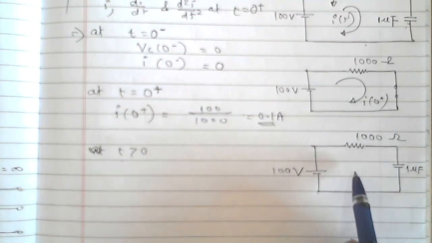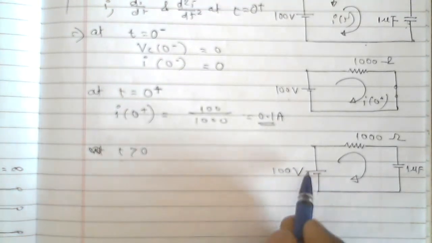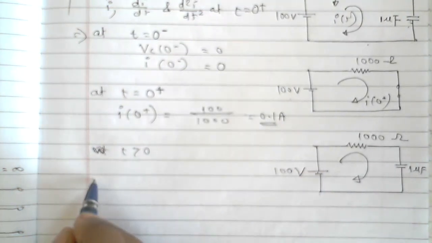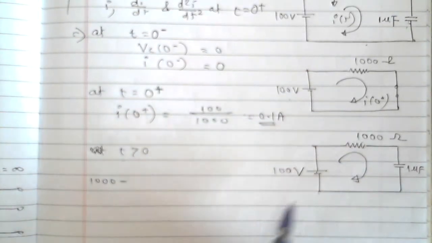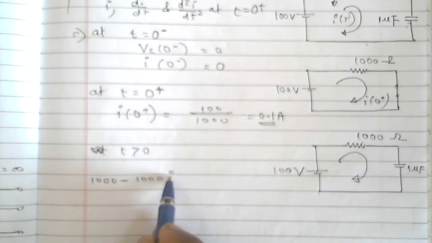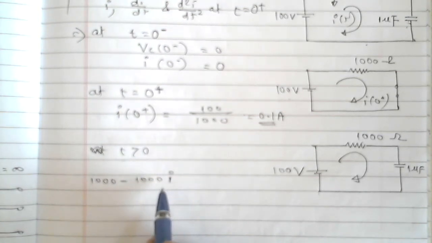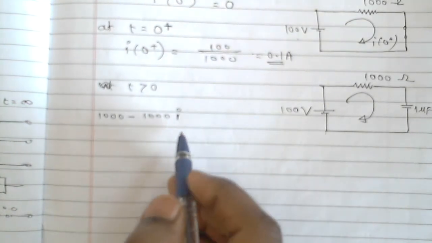Now let's apply KVL to this particular circuit. So how to write KVL? From here we will start. It will be 100 minus 1000 into i. Now I will write only i, because I don't know whether this i is at 0 plus, 0 minus, t greater than 0 or infinity, so I will write the generalized equation.